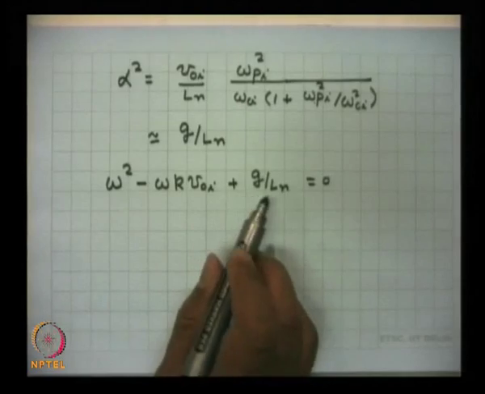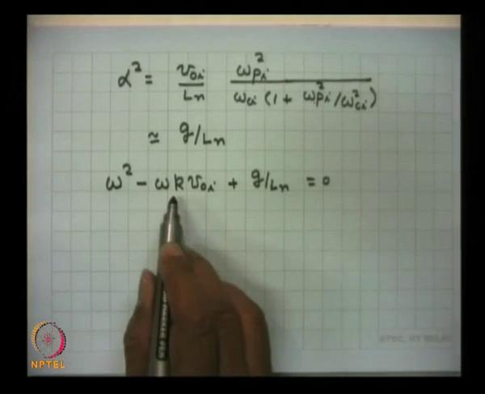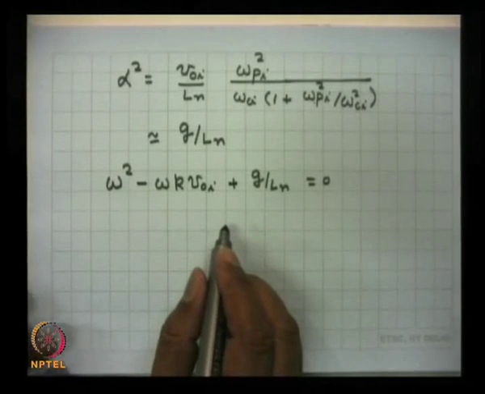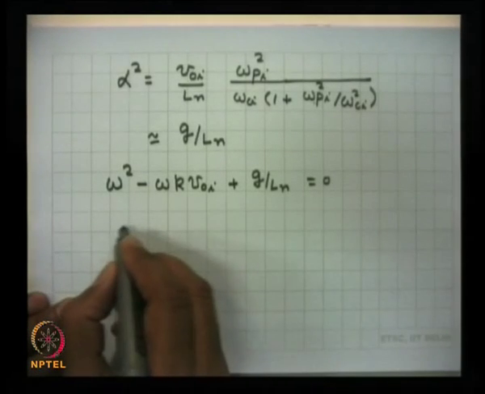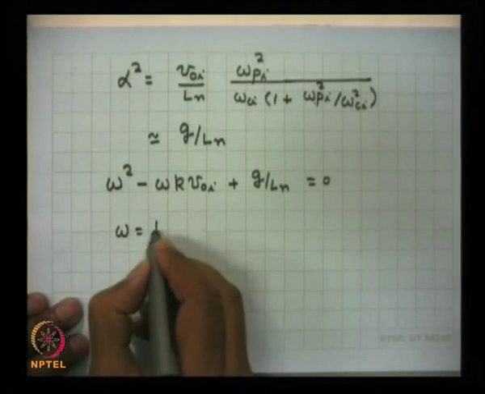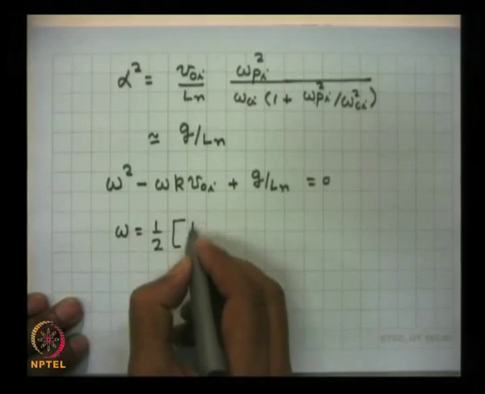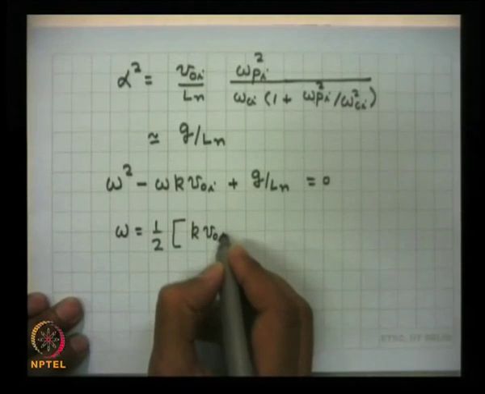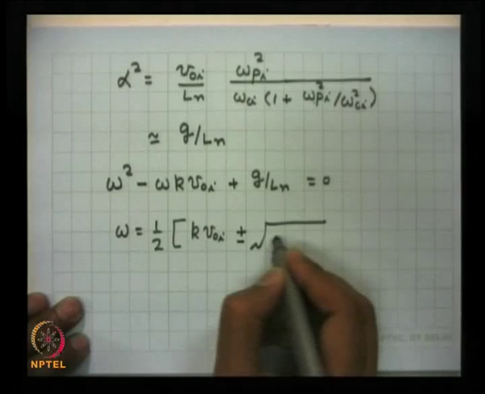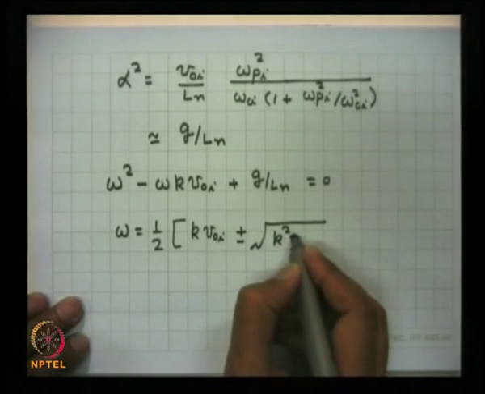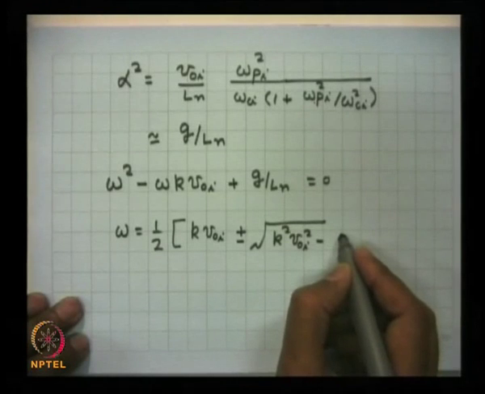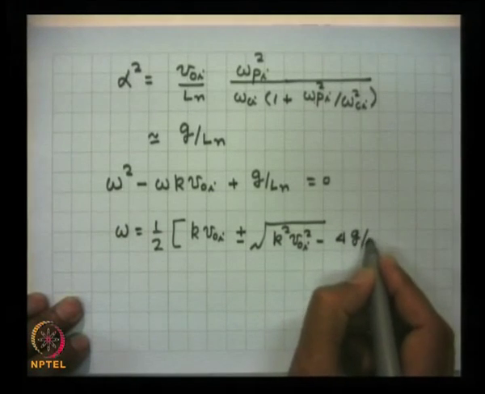A very simple dispersion relation you recover, and if I find the roots, this will give you omega equal to half of kV0I plus minus under root of k squared V0I squared minus 4 g upon Ln.